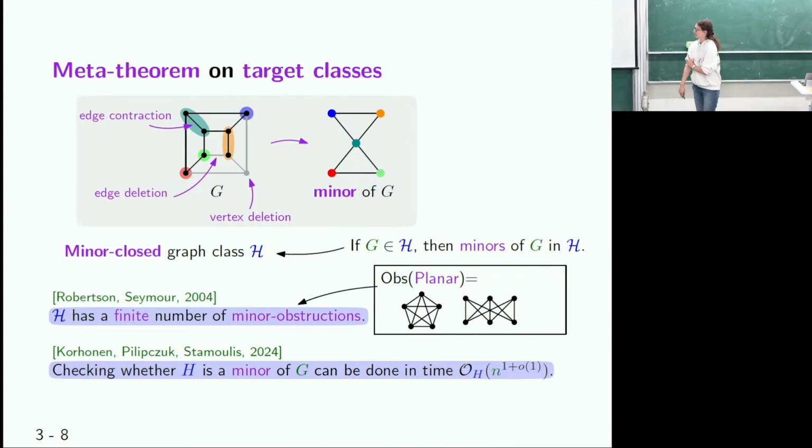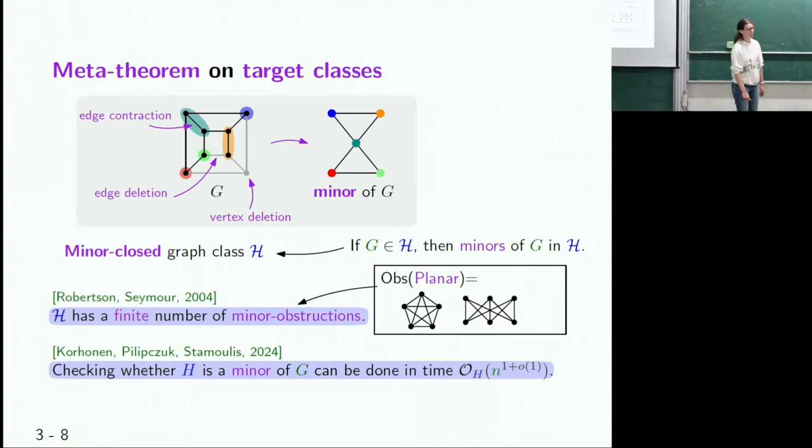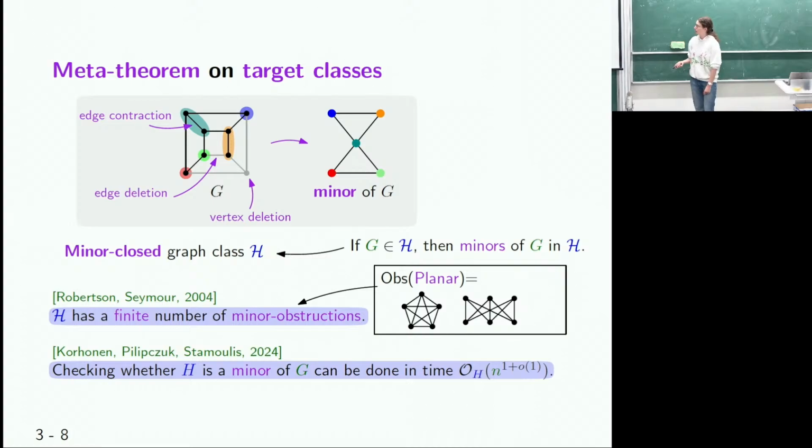And actually, we know that checking whether some graph is a minor of your input graph is polynomial. So here I just put the last results on the subject where they say that you can do this in almost linear time. And from these two results, you can check that checking whether a graph belongs to some graph class H can be done in polynomial time.